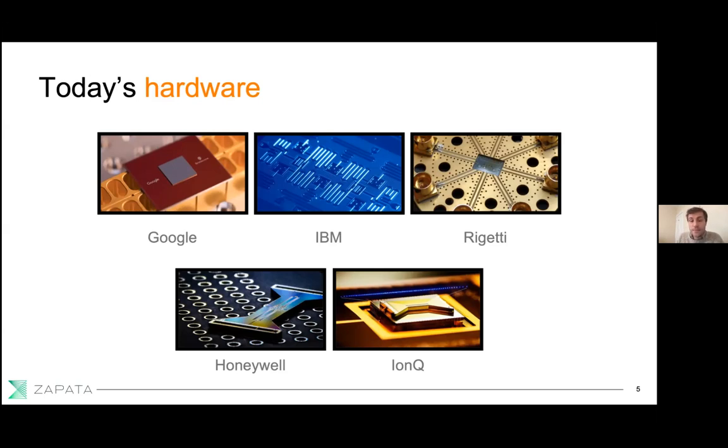And so far, they have not solved any problems of practical relevance for industry. And so the quantum advantage machine could be a future evolution of one of these devices, but certainly none of these devices are capable of solving the problems that we'll consider.